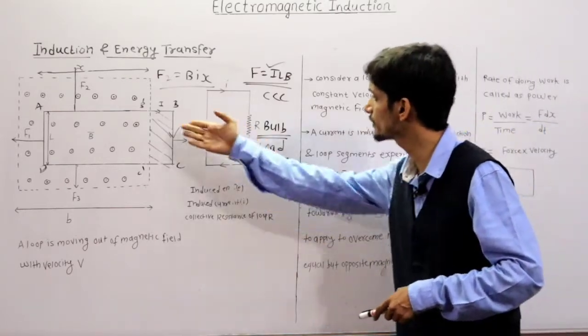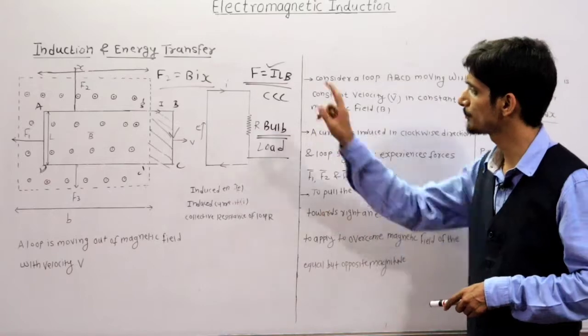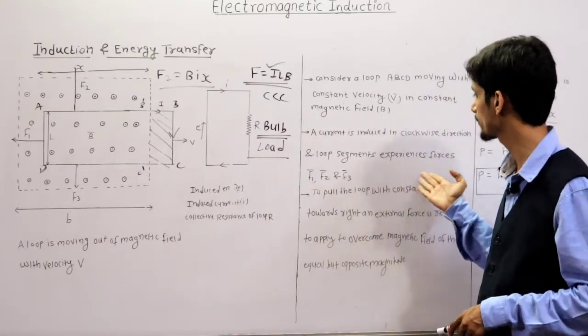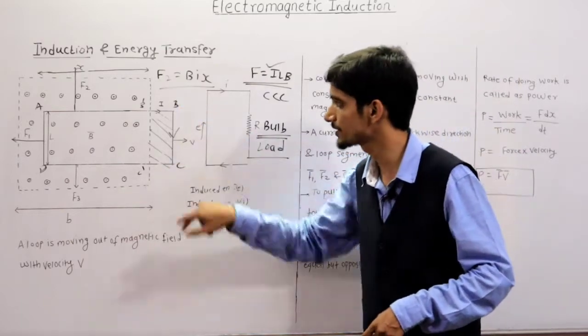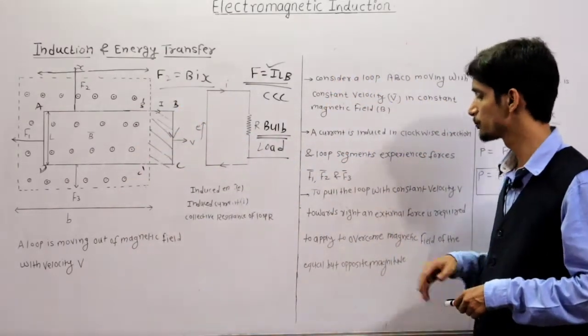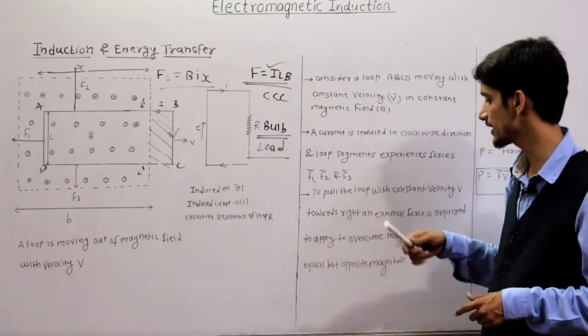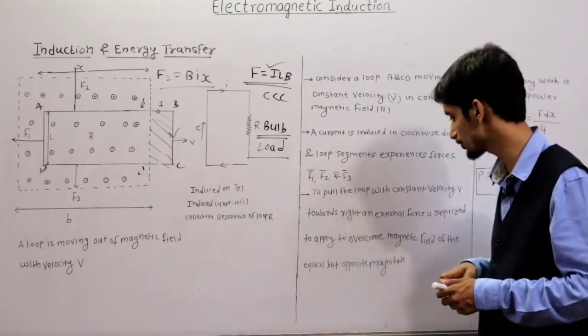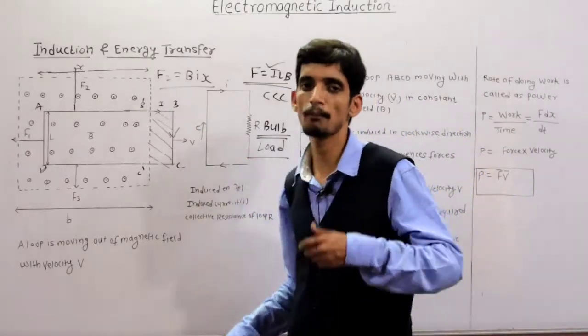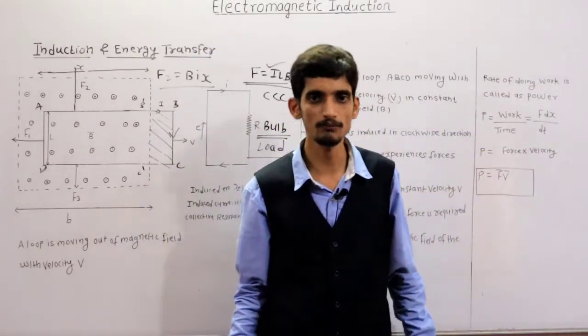Consider a loop ABCD moving with constant velocity V in a constant magnetic field. This is the first point. Second point, a current is induced in the clockwise direction. Loop segments experience forces F1, F2, F3. To pull the loop with constant velocity V towards the right, we have to apply some external force, and that external force should overcome the magnetic force. Clear?